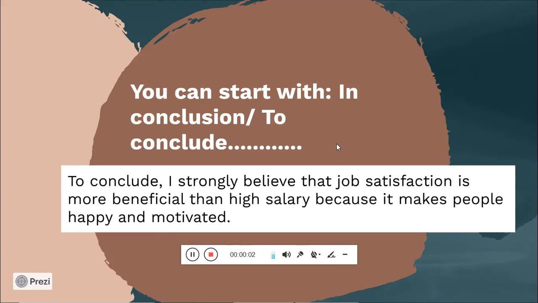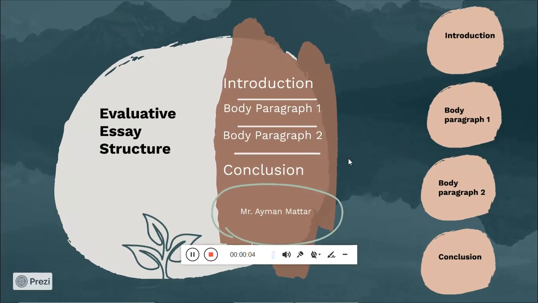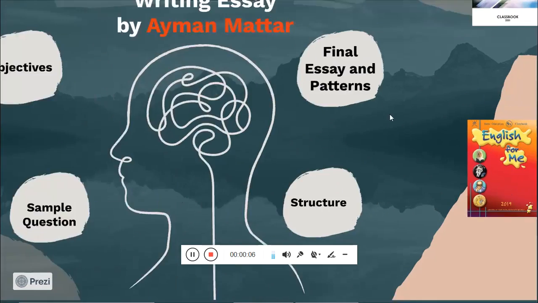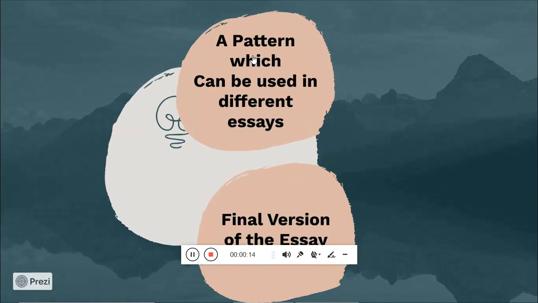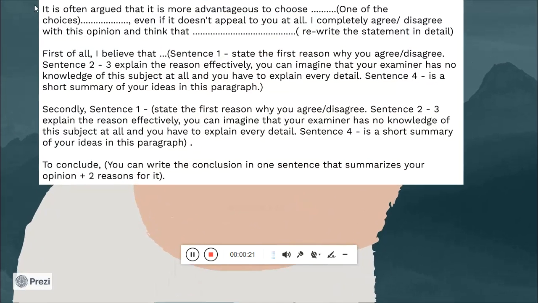And now quickly, let's go back. Now we finished the structure of the evaluative essay. Now let's turn to the final essay and buttons. We have got a button which can be used in different essays or evaluative essays. So you can use these phrases.